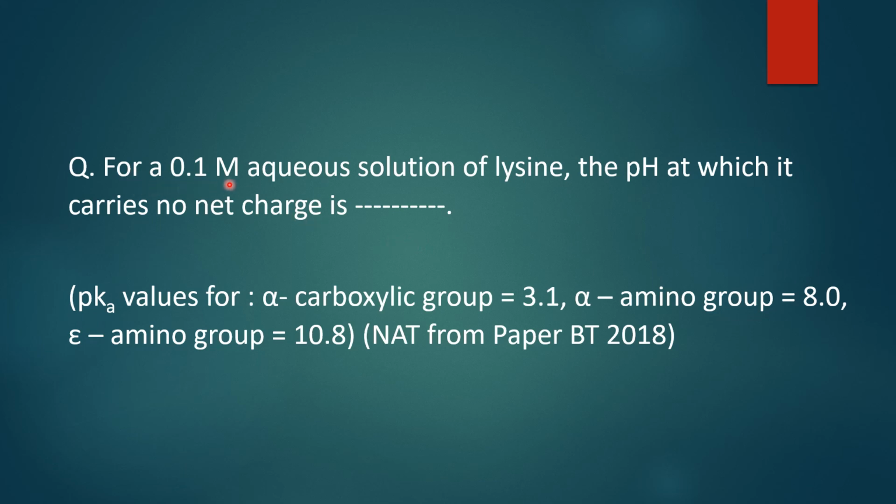For a 0.1 molar aqueous solution of lysine, the pH at which it carries no net charge is. The information given is pKa values: for the alpha carboxyl group it is 3.1, for the alpha amino group it is 8, and for the epsilon amino group it is 10.8. This is a NAT question again from the biotechnology paper of 2018.